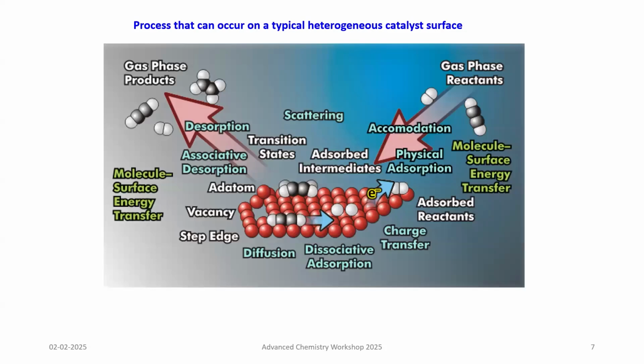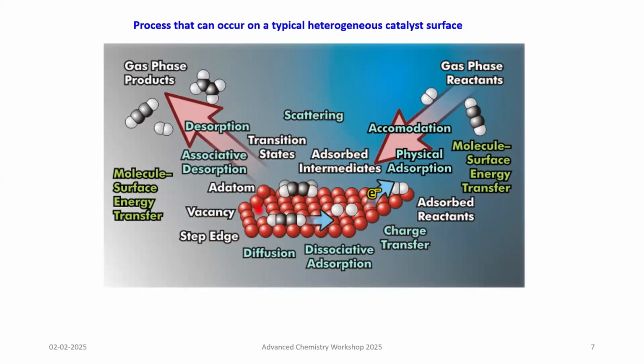What kind of processes can occur on heterogeneous catalytic surfaces? You see that, this is a heterogeneous catalyst. You are looking at the atomic level. You have atoms here, these are all atoms. This is a catalytic surface, and then you have these molecules sitting here.